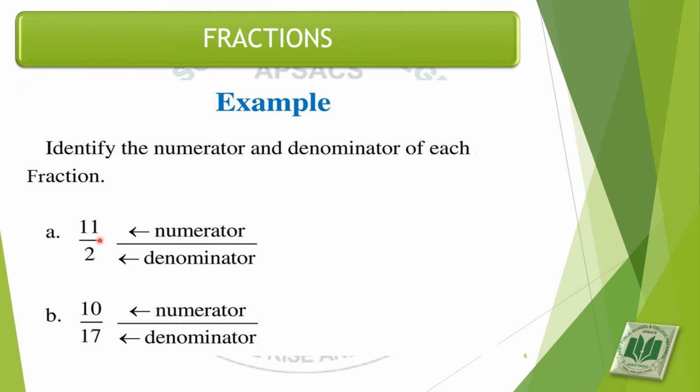In this fraction, 11 is the numerator and 2 is the denominator. In example B, we have a fraction 10 by 17. Now 10 is the top number, so it is the numerator, and 17 is at the bottom, so it is the denominator.